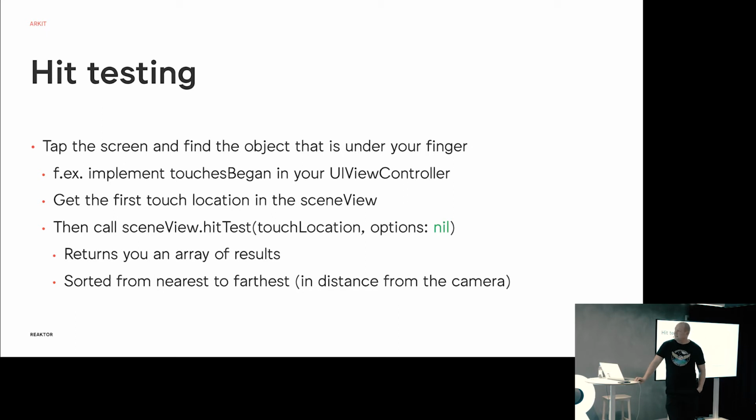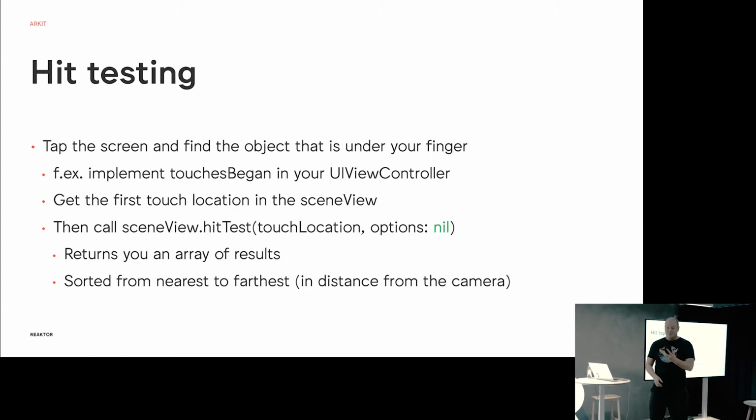Then hit testing. If you have your world and your Pokemon is there and you want to touch the screen and maybe destroy the Pokemon or do something else, you just get the location your finger touched, for example, on touches began in your view controller.